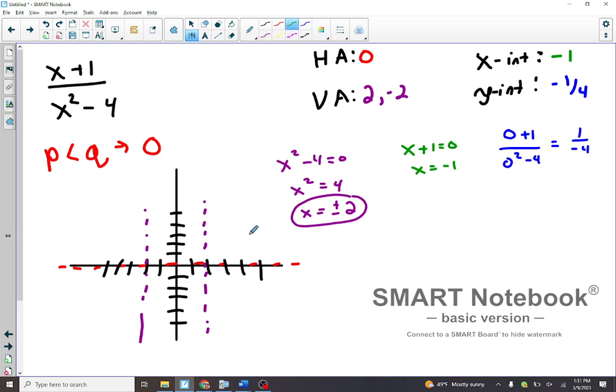Your x-intercept is at negative 1, so it's going to be something here. And you're going to see this is the one case where something could go through the horizontal asymptote. You have a y-intercept of negative 1/4, which should be in between 0 and negative 1.